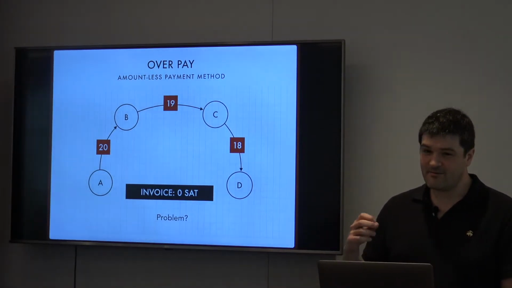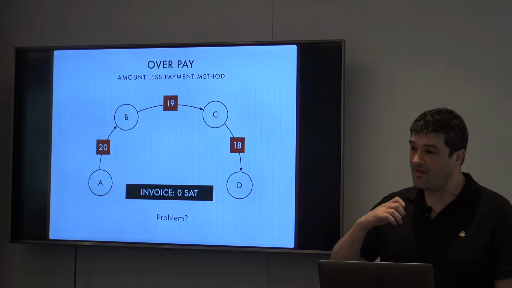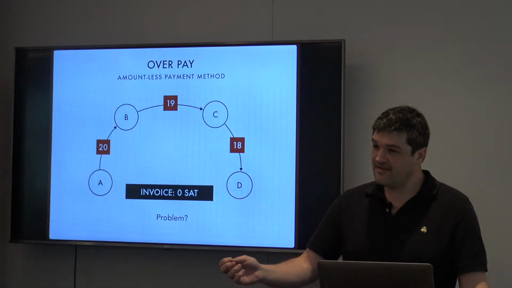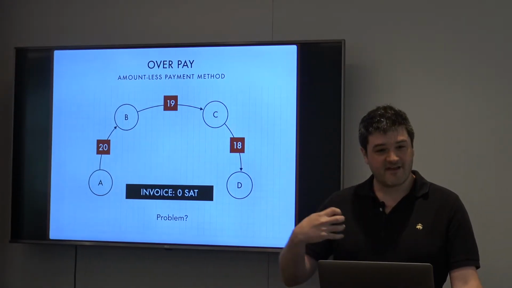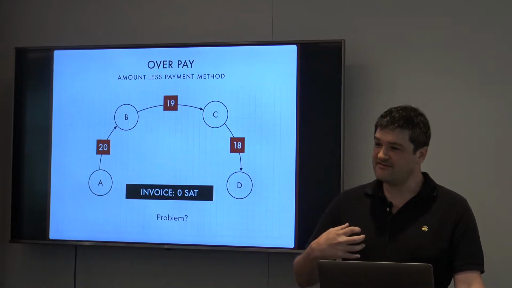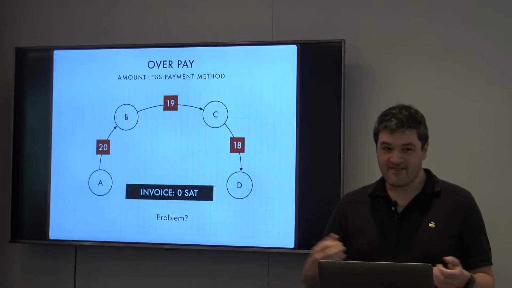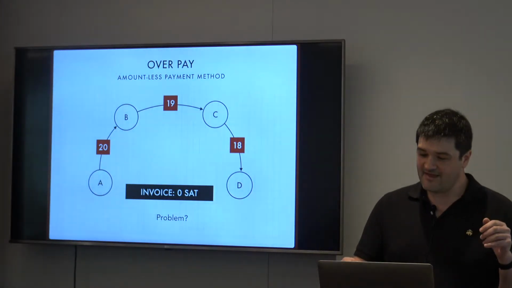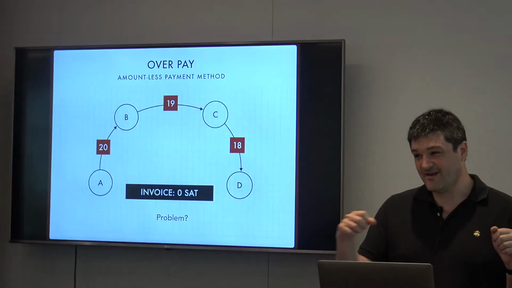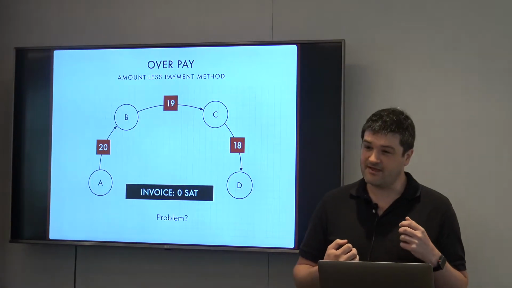So what if I just give them a 1 Satoshi invoice? What if I just lock a 1 Satoshi HTLC to them, and then the tipping site is going to say, oh, I've got this 1 Satoshi HTLC locked to me. Great, I got a tip for one Satoshi, and then it will give up the preimage, and then C will be like, okay, I got the preimage, and then it will take the 19 that's locked to it.